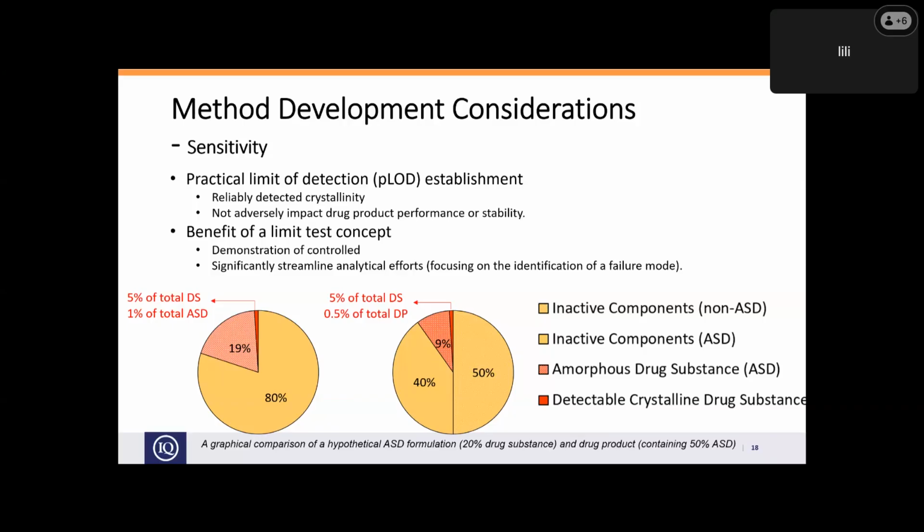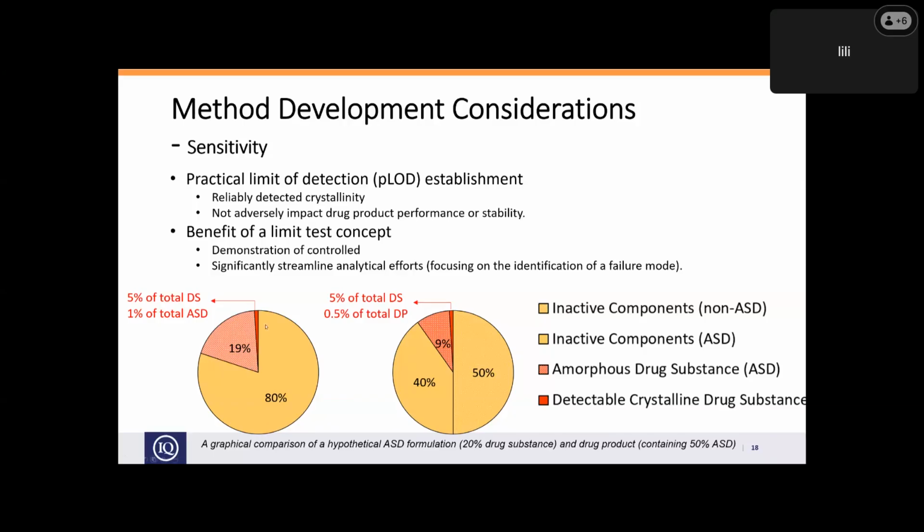Sensitivity can be expressed as percent crystallinity. However, this can be expressed in different ways: either as percent of the crystalline drug substance in the total drug substance, including both amorphous and crystalline drug substance, or as percent of crystalline drug substance against the total sample or total matrix.